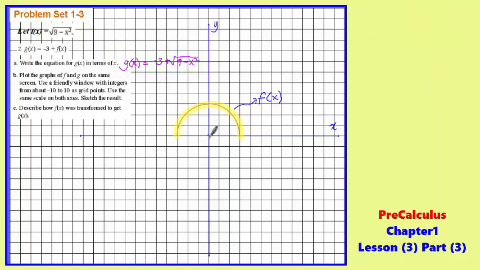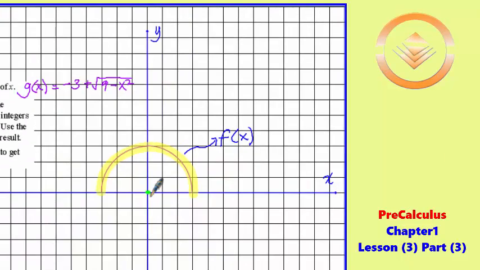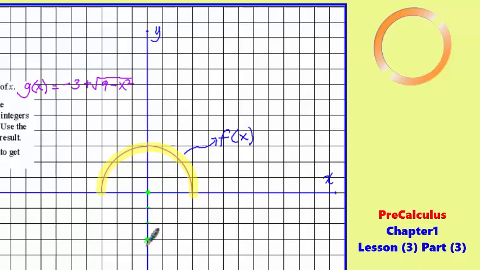So if this is our center, we're going to count 3 units down. So 1, 2, 3. And this is our new center because it is translated. Our function, square root of 9 minus x squared, is translated 3 units down.